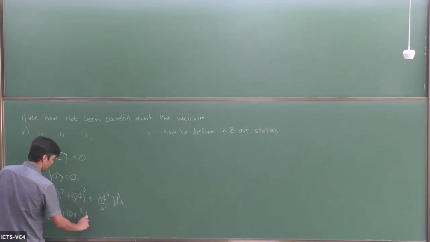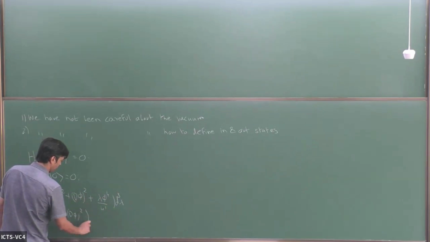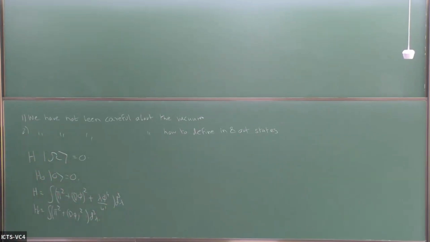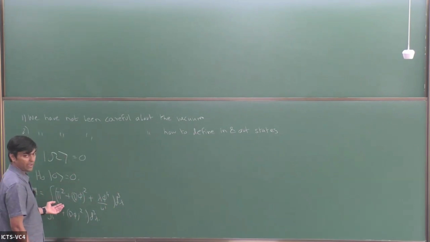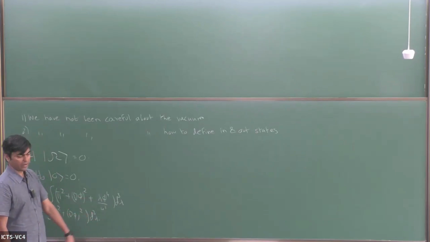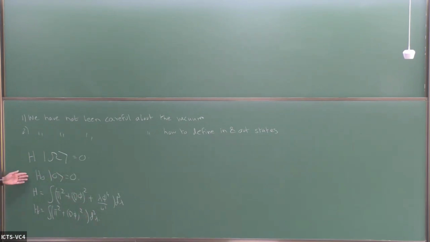Not only are they not the same, they don't commute, which is something we discussed earlier as well. H0 doesn't commute with H. They don't commute because there's a pi here, and this pi doesn't commute with this pi. So it's not the case that we can just naively work with this kind of a vacuum.